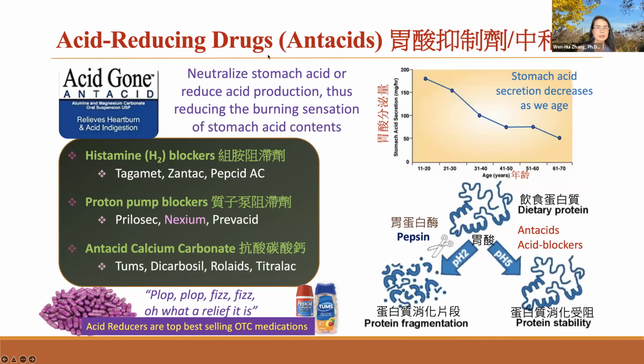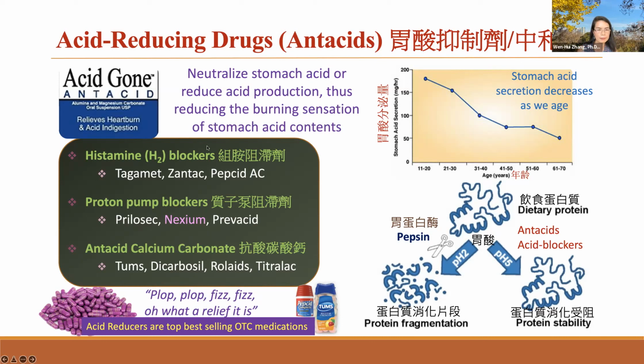Acid reducing drugs, antacids, are prescribed for people with GERD. Antacids are used to neutralize stomach acid. Like Tums, it is calcium. It would neutralize the hydrochloric acid, so it reduces the acidic sensation when it's in the esophagus.